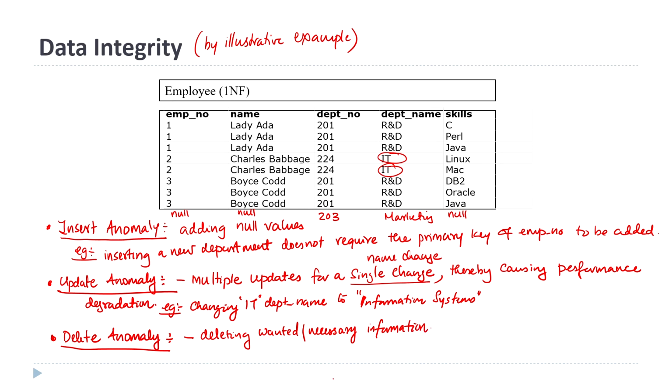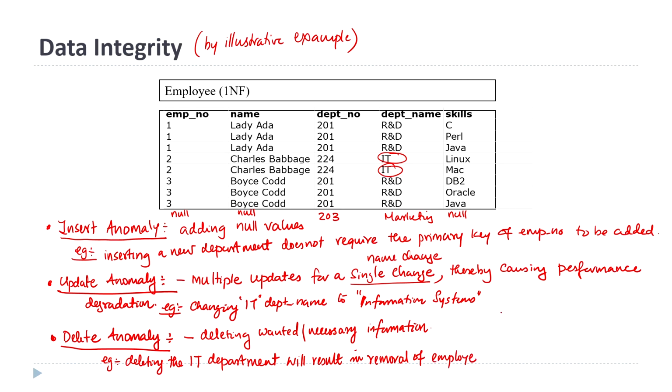Okay. Now, for example, let us take an example out of this. Deleting the IT department. If I delete the IT department, it will result in removal of employee.